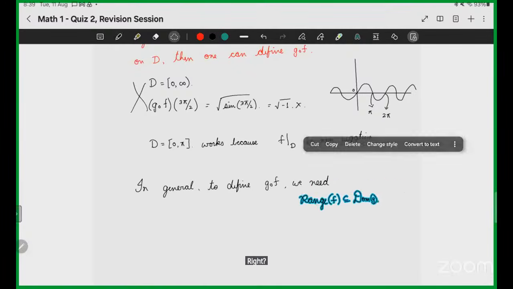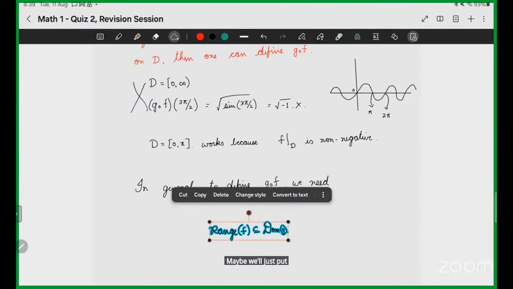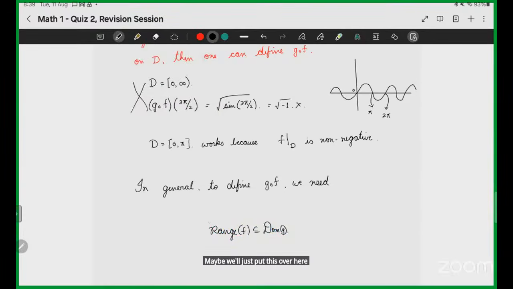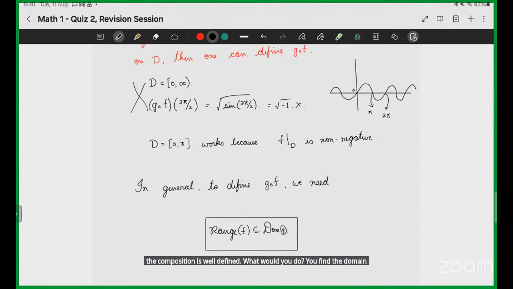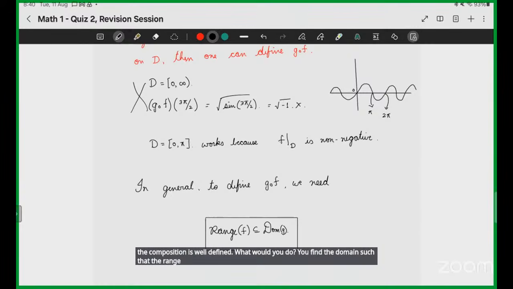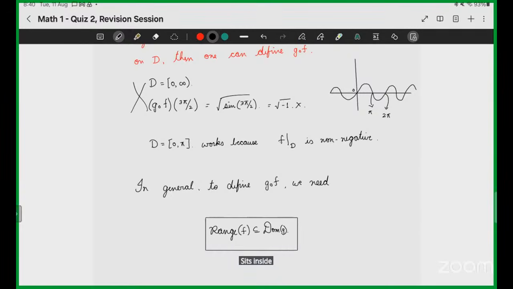So maybe we'll just put this over here. This is the condition. So you may be asked questions where you have to find the domain for f such that the composition is well defined. What would you do?